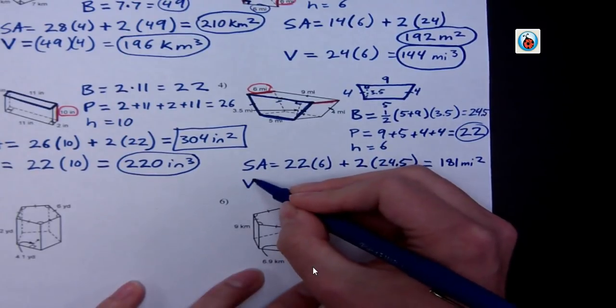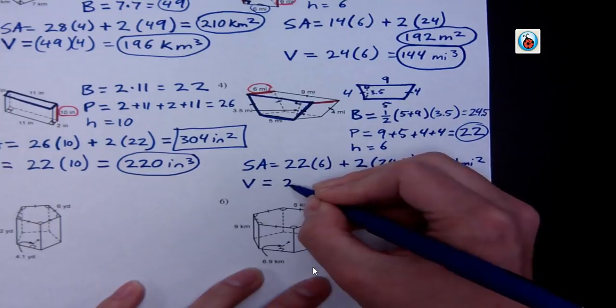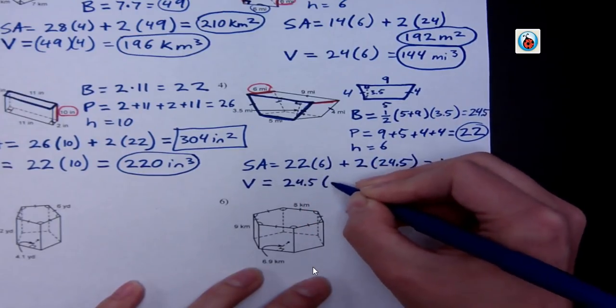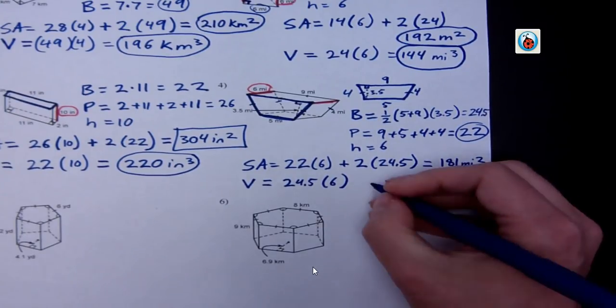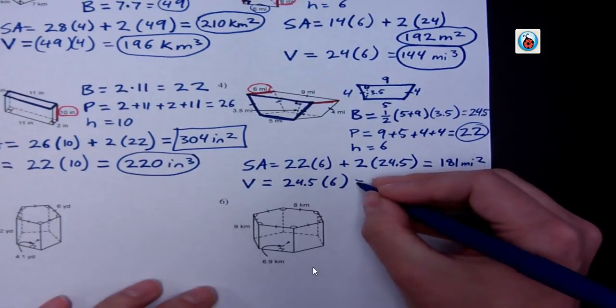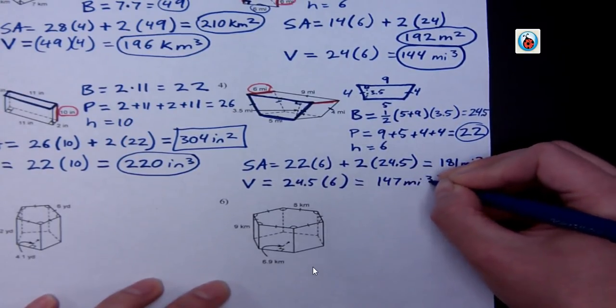And then volume is even easier. It's just the area of the base, so the 24.5, times the height, which is 6. And I plug it into my calculator and get 147 miles cubed.